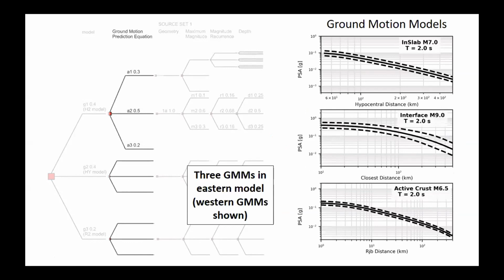I realize I'm showing Western Canada ground motions on this slide, but we have a similar 3-branch representation for Eastern Canada, basically the ground motion models you used yesterday for your scenarios. And you can see the weights there, 0.5 for the central branch, 0.3 for the high, and 0.2 for the low.